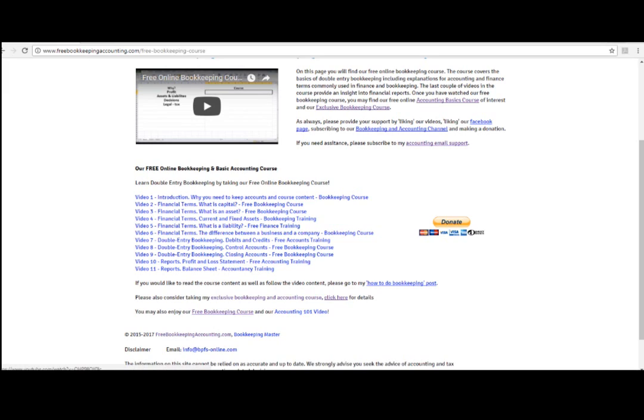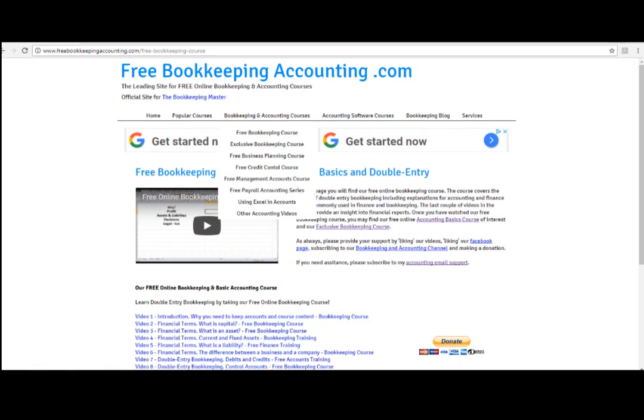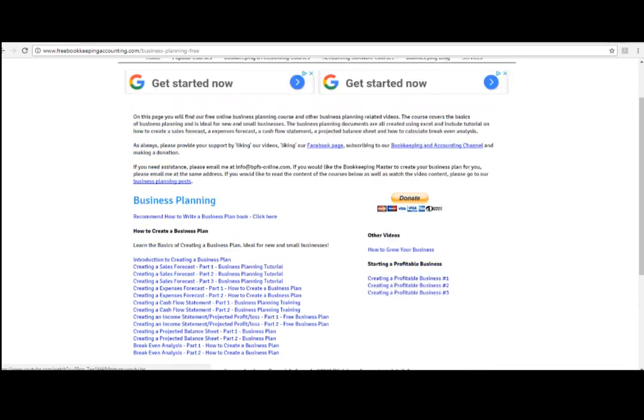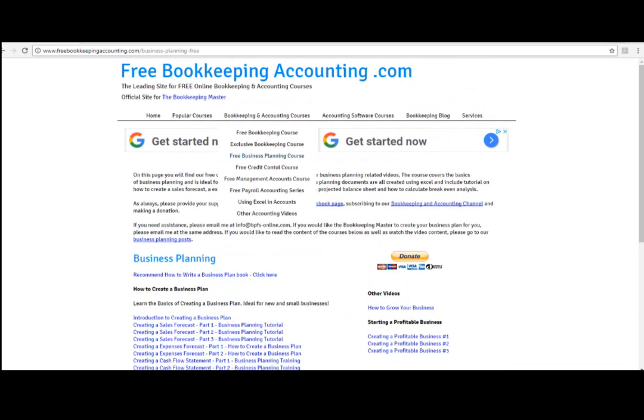You can see that financial terms are covered, like capital asset, fixed assets, liabilities, and then the double entry aspect of bookkeeping and accounting. Free business planning course if you're interested in creating or knowing how to create sales forecasts, expenses forecasts, and so forth. There are free videos once again on that. Free management accounts, free credit control, free payroll, using Excel and accounts.